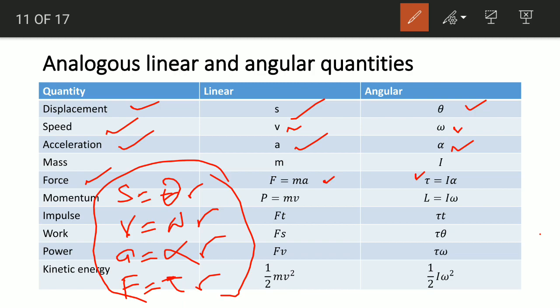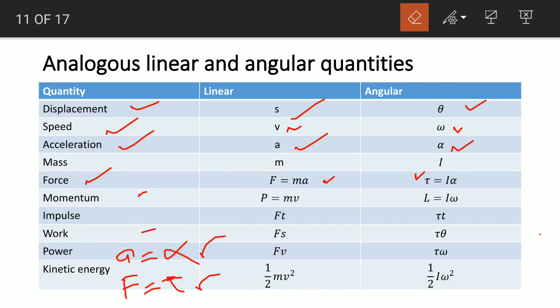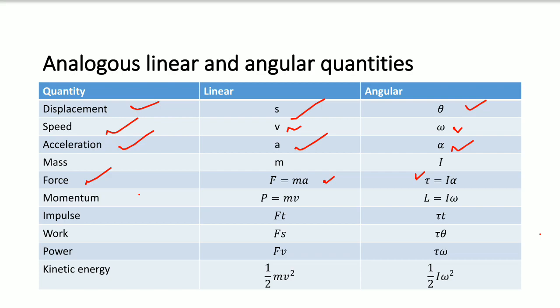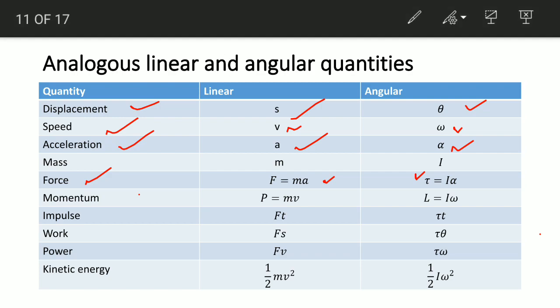Okay, so let's continue from there. Let's rub this off. So we now have mass. For mass, in linear motion we use m to represent it, while in angular motion we use I to represent it. I there signifies moment of inertia from our previous video.